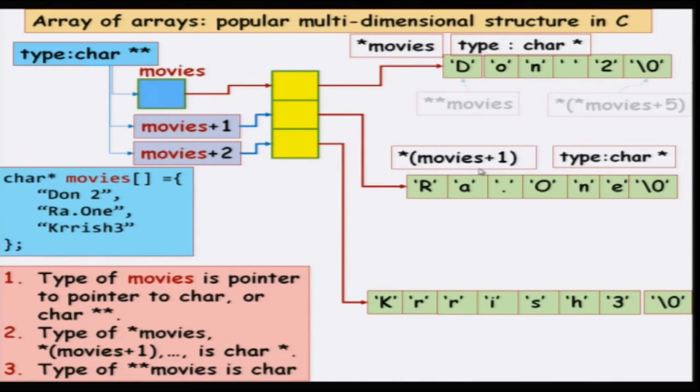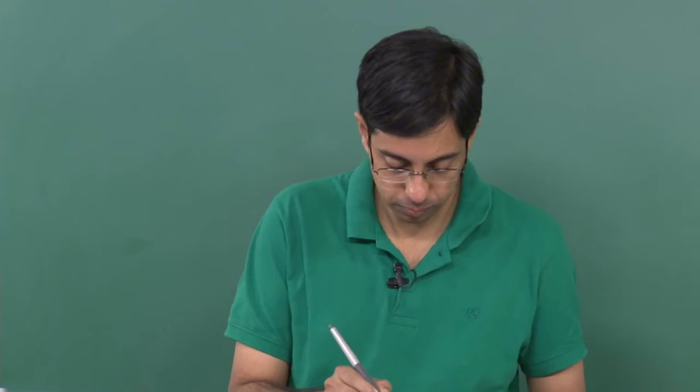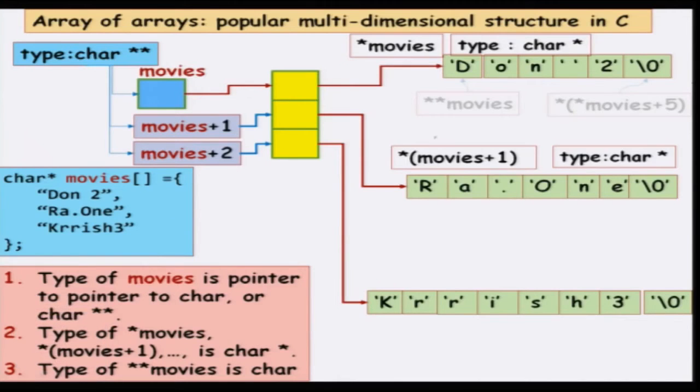Again, try to think in whichever notion you are comfortable with, because you can also write this as movies[1]. Okay. You will get the same result. So, star of movies plus 1 will come to the second row, and you have star of star movies plus 1, that would come to the first element in the second row, and so on.